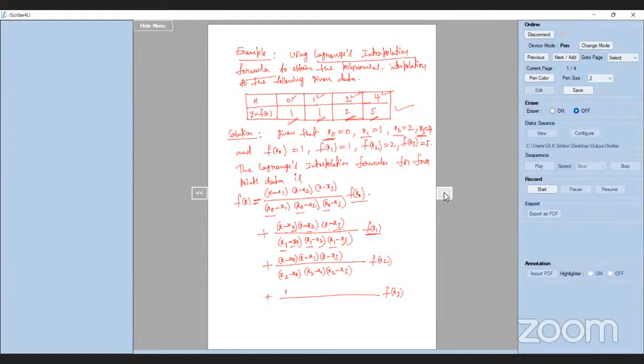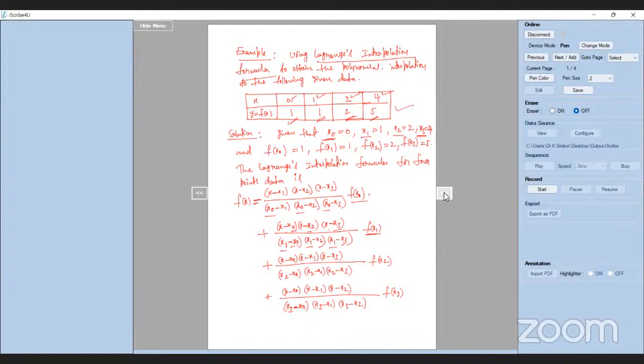So except x3, all the values should come in the numerator: x minus x0, x minus x1, x minus x2. x minus x3 should not come. Next, in the denominator, x3 minus x0, x3 minus x1, x3 minus x2, into f of x3. Is it possible to get another term according to the given data? No, madam, only up to x3 values are there.